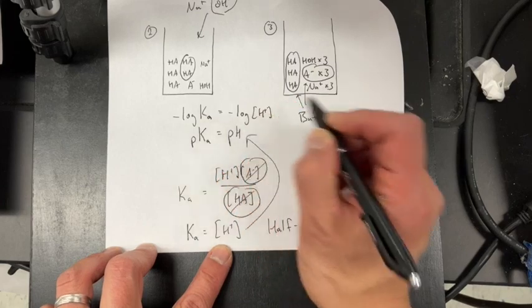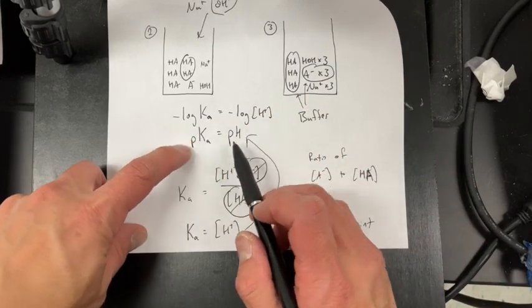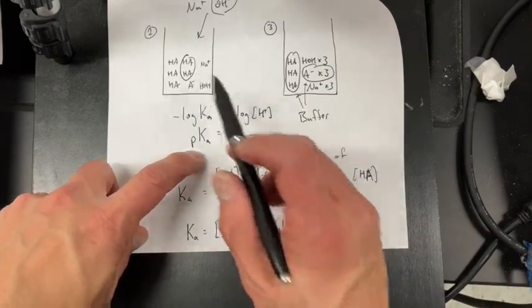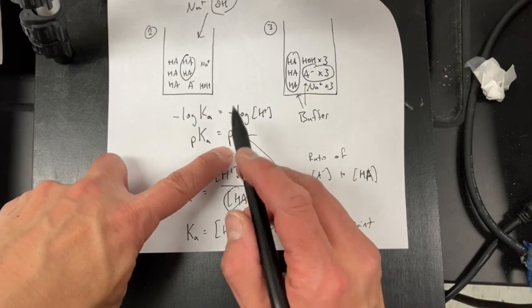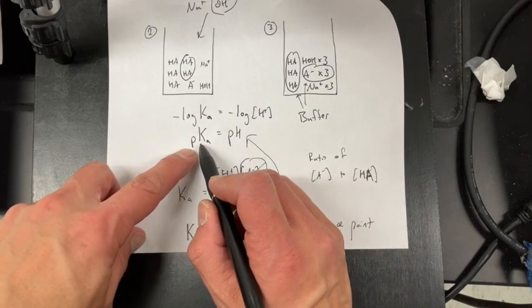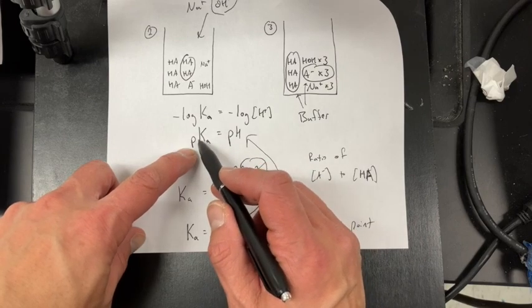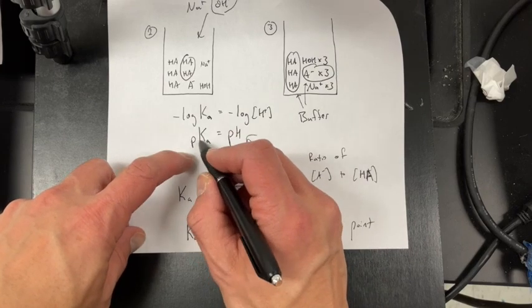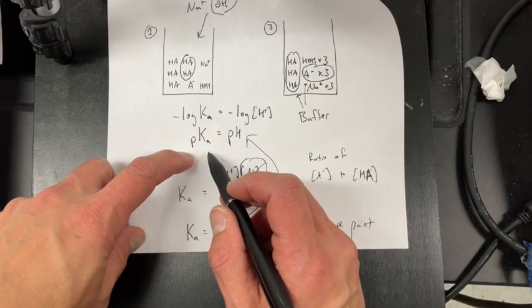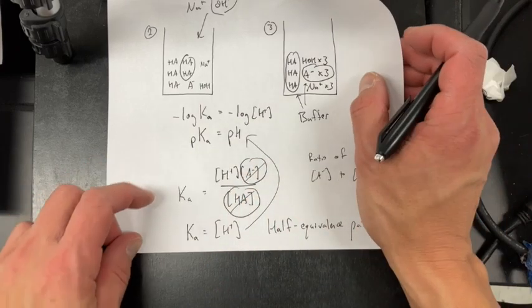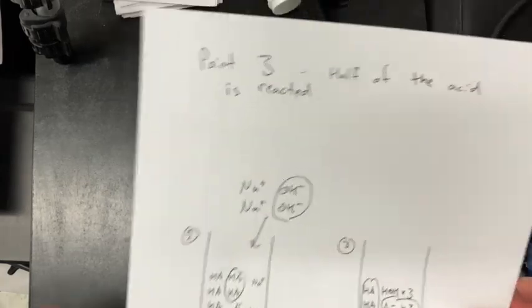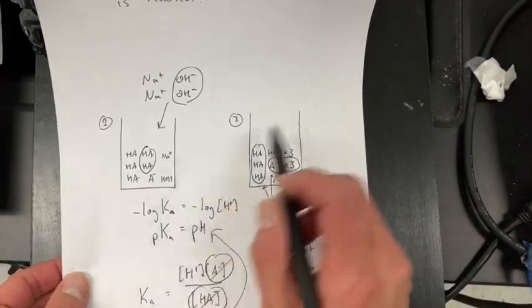And that's equal to pH. So something called the pKa could be figured out at this point. And if you know the pH, you can actually get the pKa and then work your way backwards to get the Ka by doing 10 to the negative pKa to get the Ka. Okay? So that's a very unique point. It's very important to know this point.